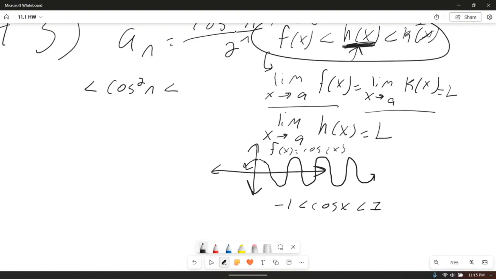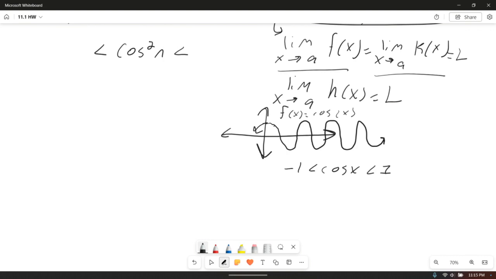Well, if you square cosine, and cosine has to be in between -1 and 1, then cosine squared has to be in between 0 and 1, right? All these values turn positive.